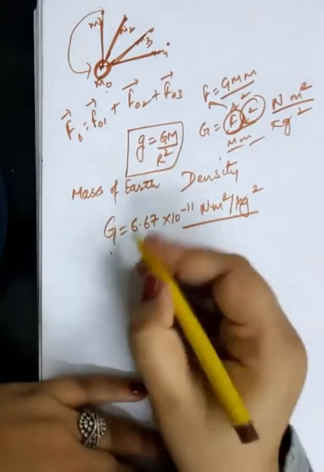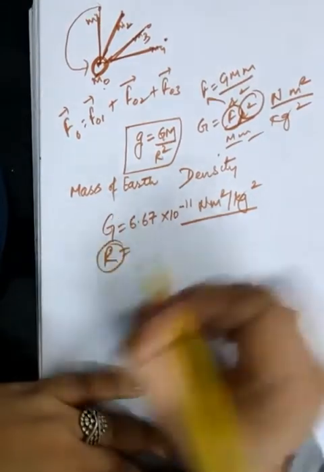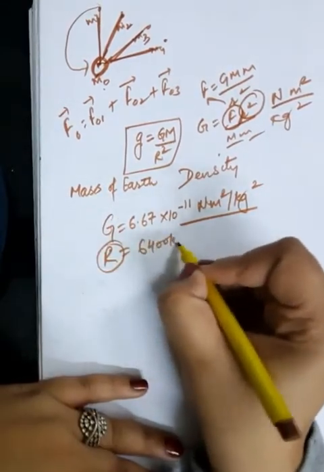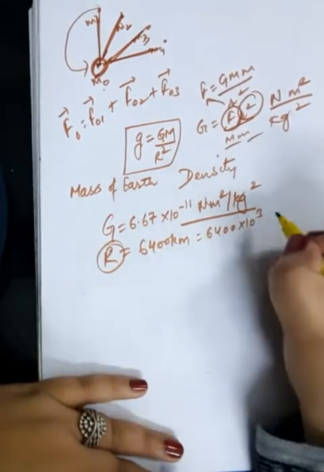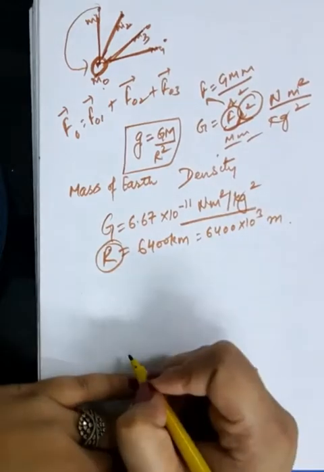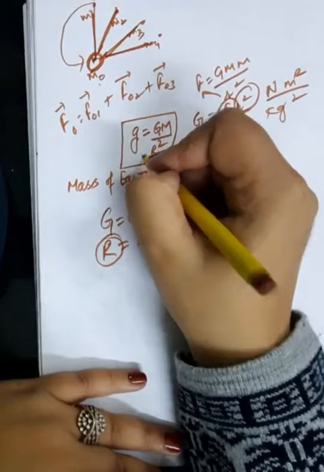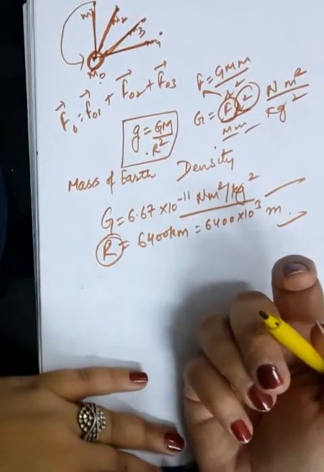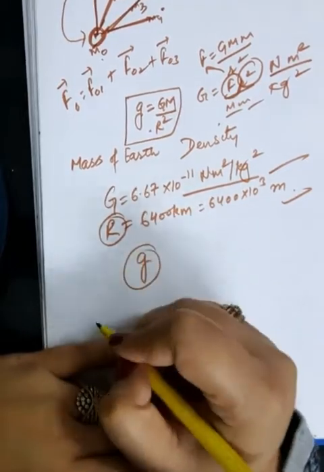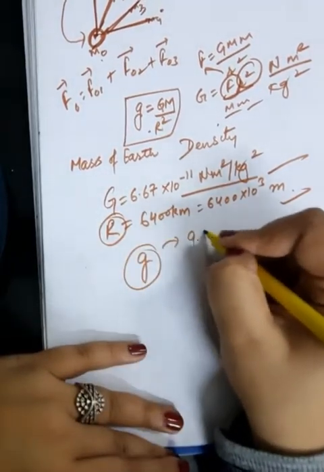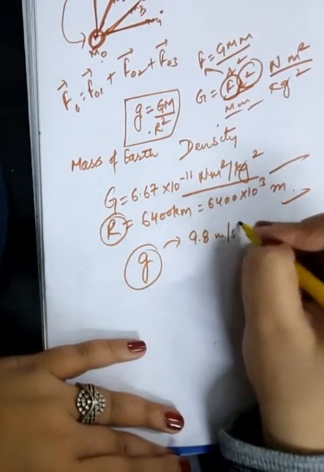After that, what is the value of capital R? Capital R means radius of earth, which is equal to 6400 kilometer, or 6400 into 10 raised to the power 3 meters, right? After that, you can put these values in this relation and you can find out the value of capital M. I forgot to tell you one thing, that this small g, which is acceleration due to gravity, comes out to be equal to 9.8 meters per second square, right?